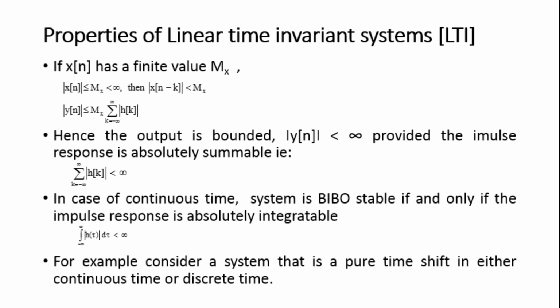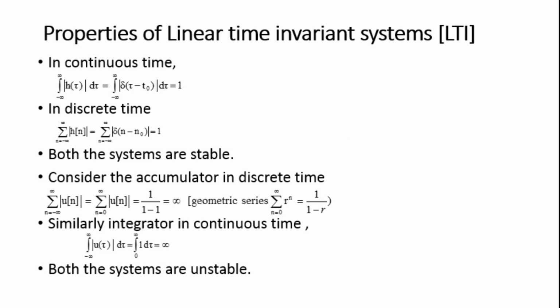For example, consider a system that is a pure time shift in either continuous time or discrete time. In continuous time, the integration from minus infinity to infinity of |h(tau)| d tau is equal to the integration of |delta(tau minus t naught)| d tau, which is equal to 1.